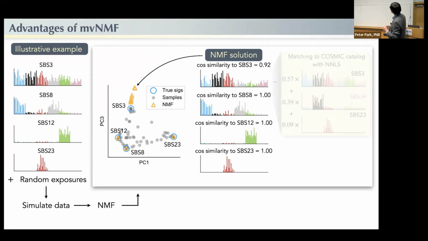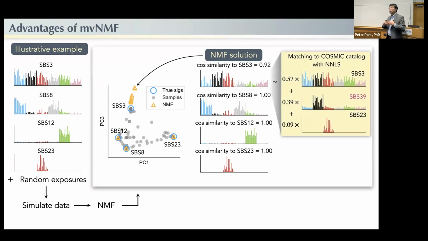And so when I try to do a signature assignment, which is what you would have to do if you're given a sample and you try to figure out what the components are, match the catalog, this is actually a sum of these 3 different signatures, okay? And so what happened here? This other thing, SBS 39, is needed to come up with some combination that will explain this. And so using a standard algorithm, you will say, okay, it's made up of 8, 12, 23, and 3, 39, and 23.